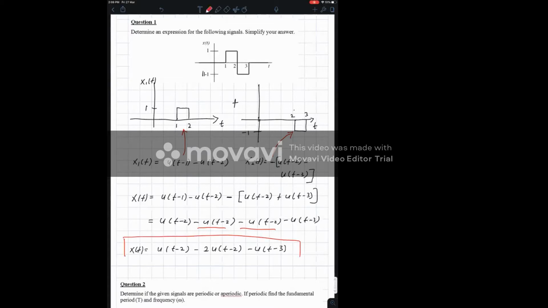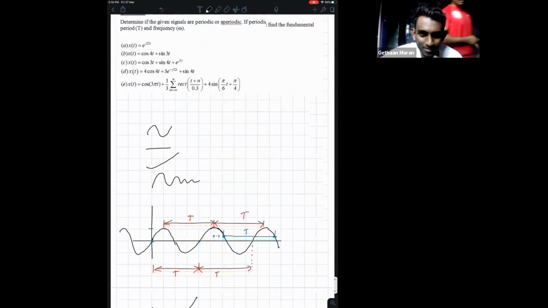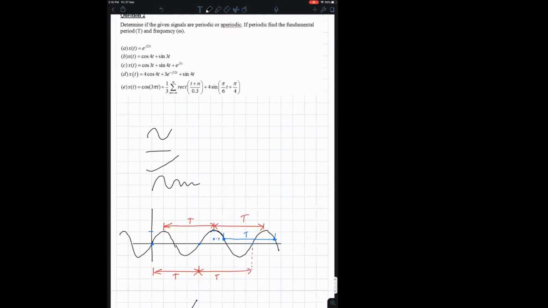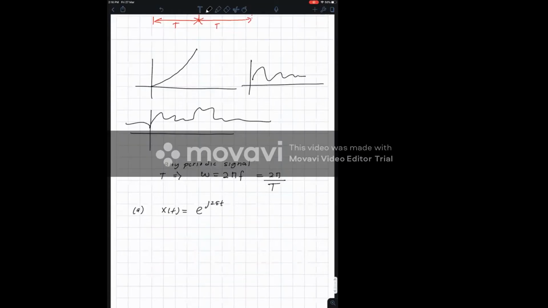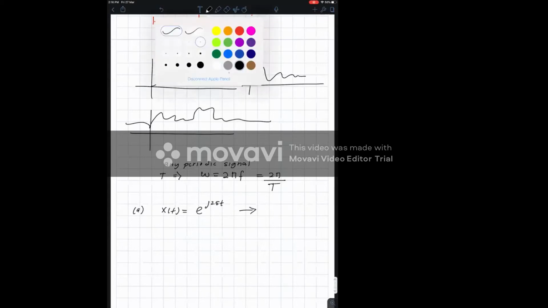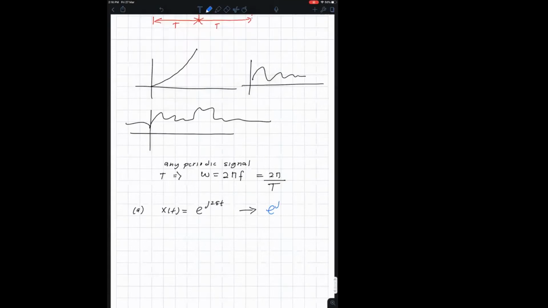Now, maybe e to the j25t. Is this periodic? To be able to identify this, can you see the format of the signal? This is an exponential function, there's an imaginary part, and there's an omega and a t.